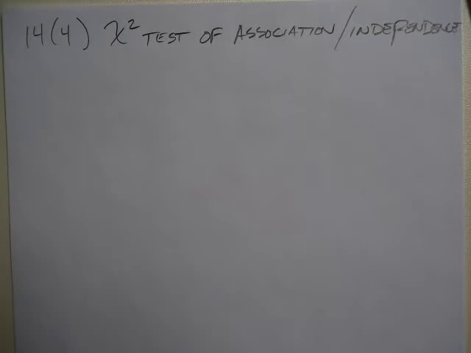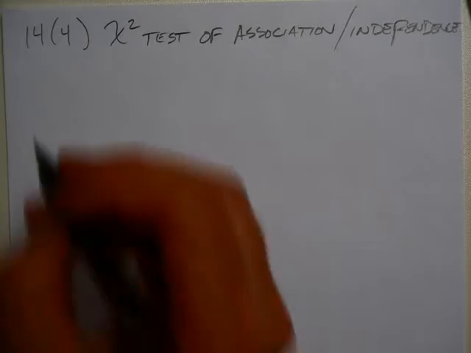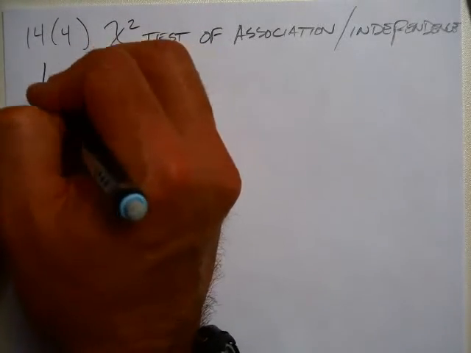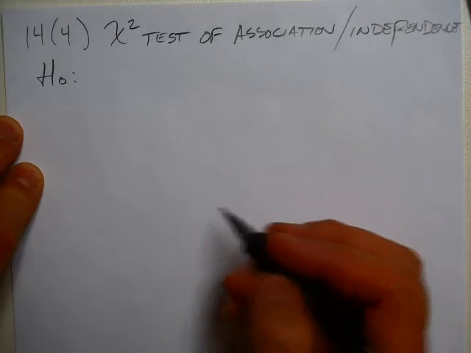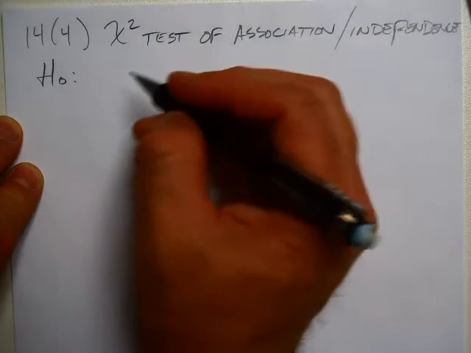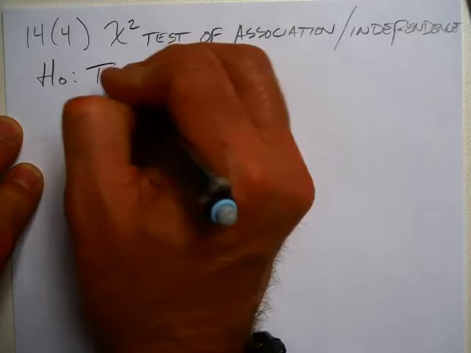On this one, we do have a condition, and our null and alternative hypotheses are changed a bit. The null hypothesis is there is no association between two categorical variables.